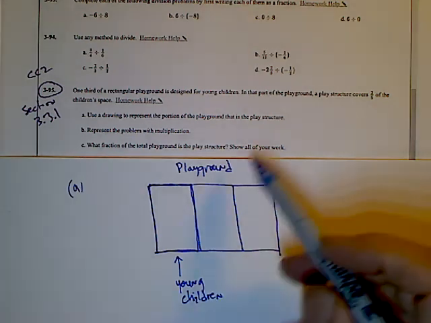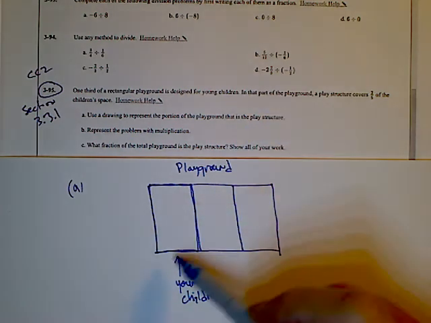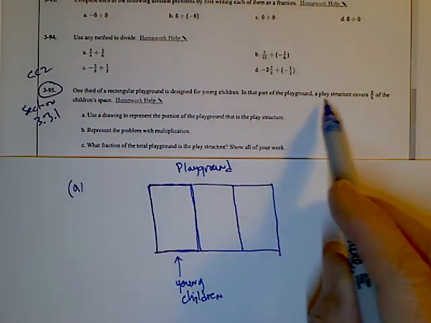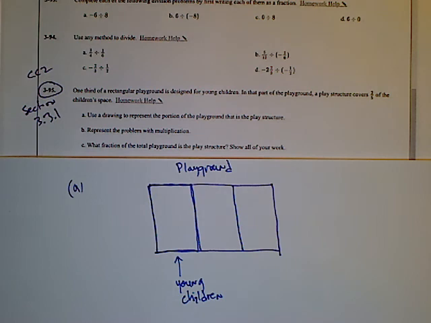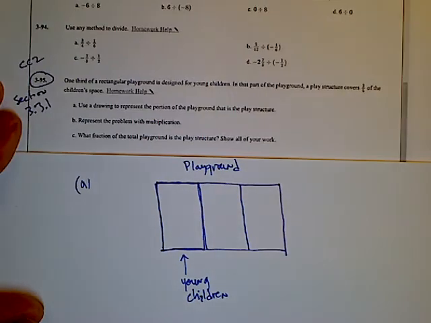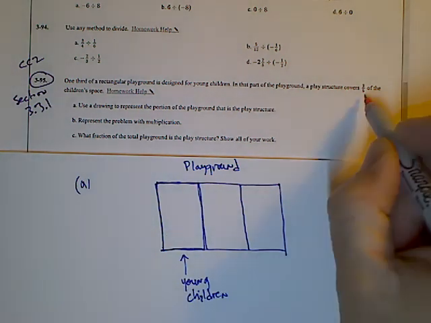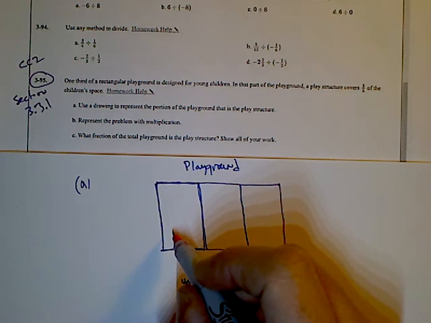Okay. And then it goes on and says, in that part of the playground, a play structure covers 2/5 of the children's space, right? So in this part here, 2/5 of it is a play structure.